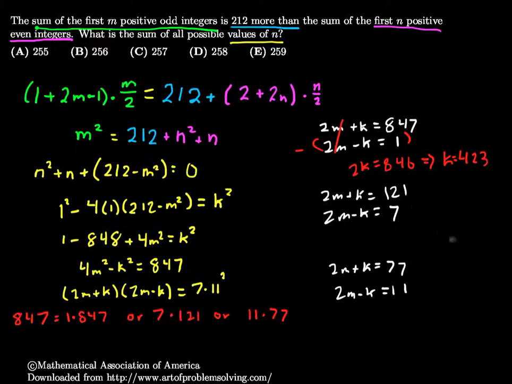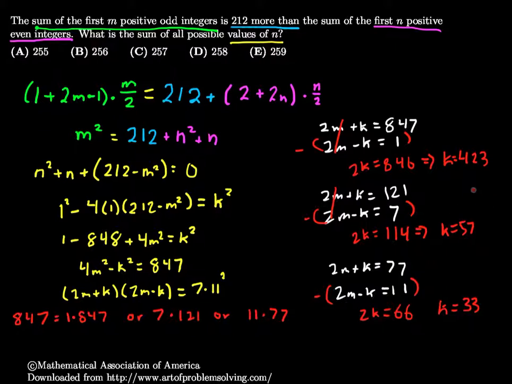Okay, so those cancel. 2k is equal to 121 minus 7 is 114, which means that k equals 57. And this one, subtract the second equation from the first, you get 2k equals 66, so k is equal to 33.